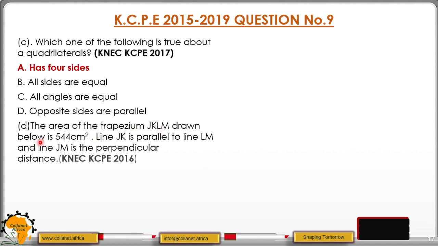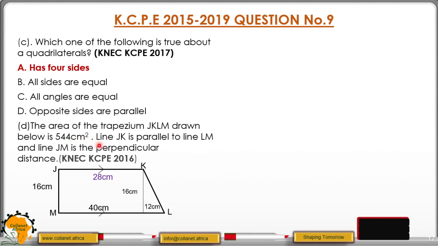Now, the area of trapezium JKLM drawn below is 544 centimeters squared. This is the trapezium. We have J, K, L, M. Kindly, learner, note this: even when you're doing your construction, the letters should follow each other in alphabetical order.